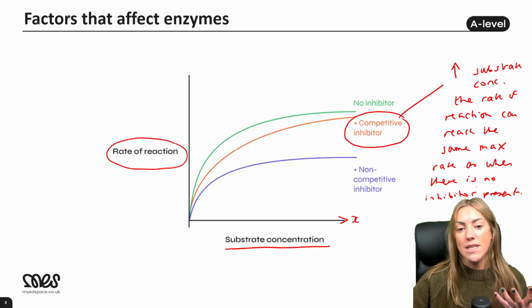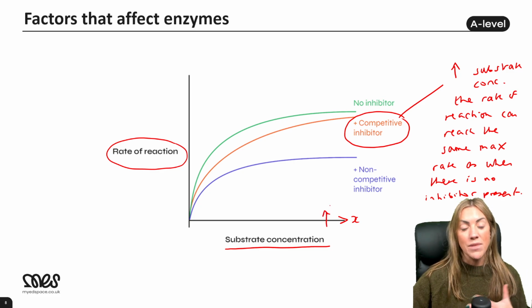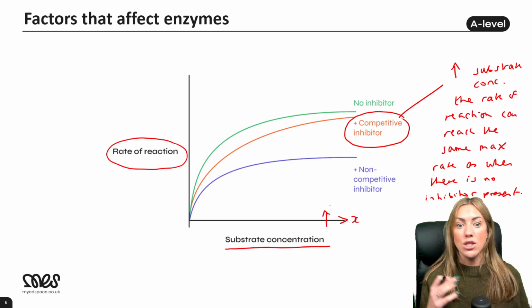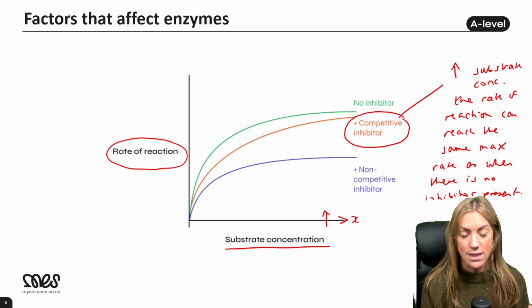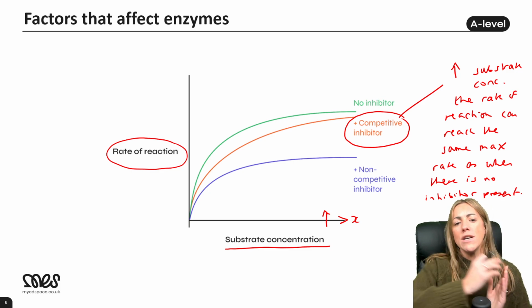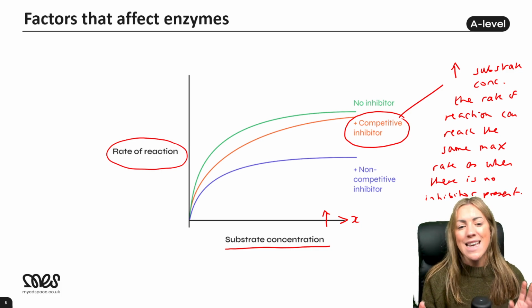If you increase the substrate concentration, and we're now at really, really high substrate concentrations here, the substrate is going to outcompete the inhibitor because this is a competitive inhibitor. And if you have a really high concentration of substrate, way more substrate than inhibitor, it's likely that all the enzyme's active sites are going to be occupied by substrate rather than inhibitor.